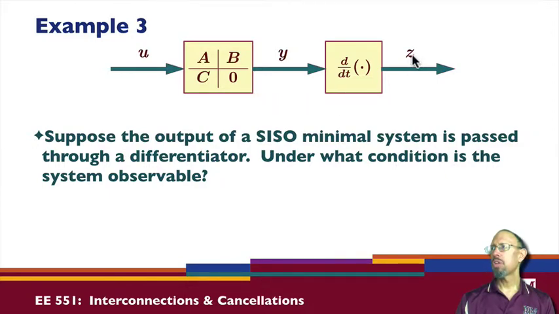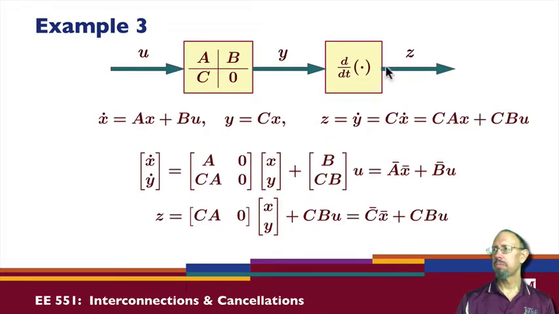So my overall output is not the output of the system, it's the derivative of the output of the system. So how would we answer this question? Under what condition is the system observable? Or is the system automatically observable or not? Let's find out.